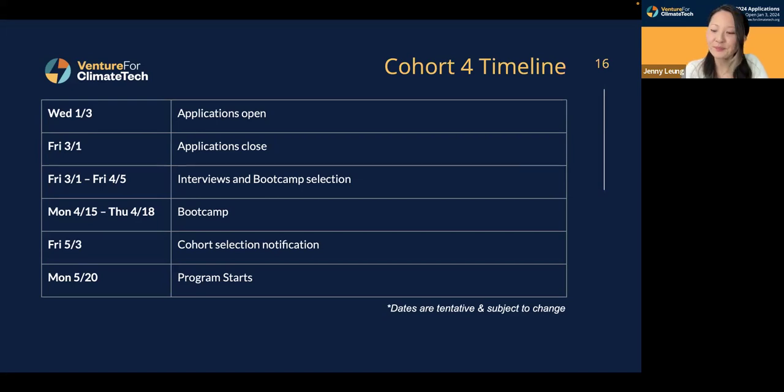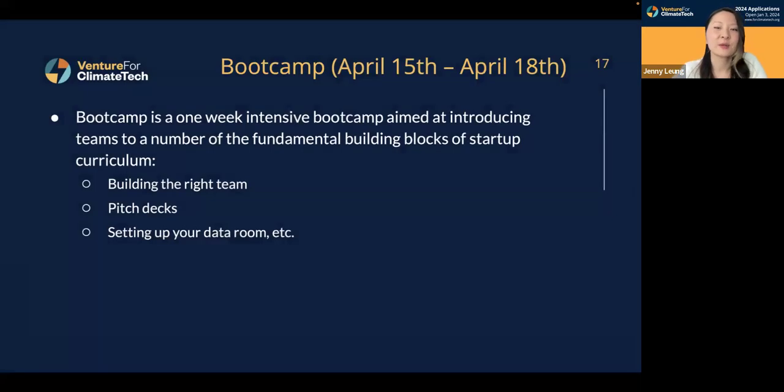Okay, so bootcamp specifically is something that we do for founders who are going through our down selection process. This is a chance for us to provide value to you prior to entering the cohort. This bootcamp is a 1-week intensive, and it is aimed at introducing teams to a number of fundamental building blocks that are part of our startup curriculum.